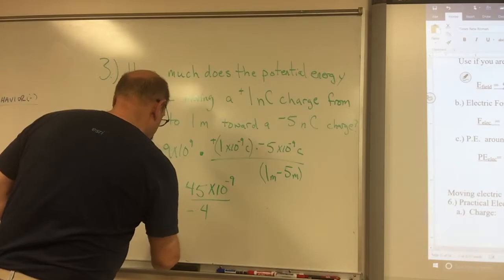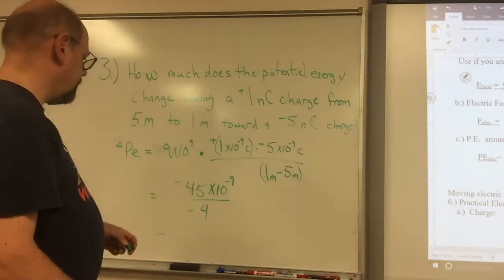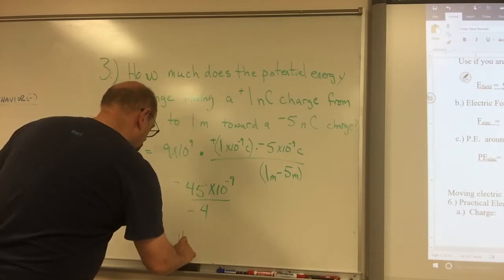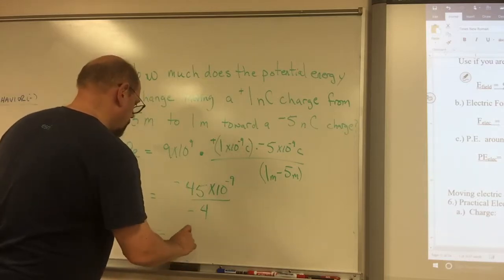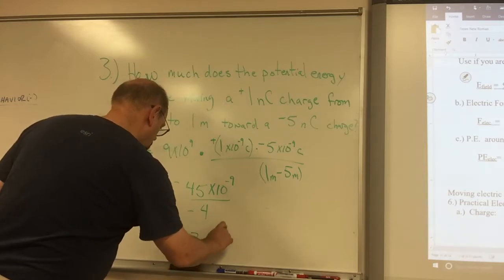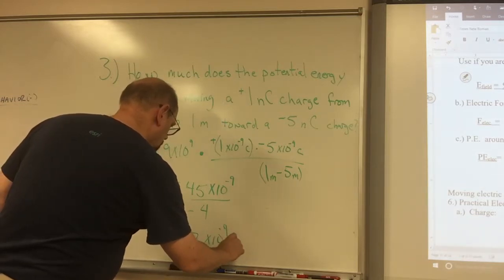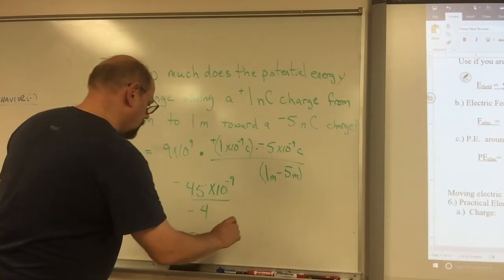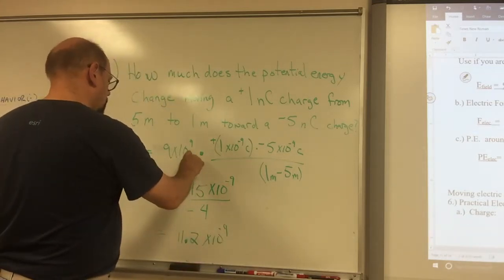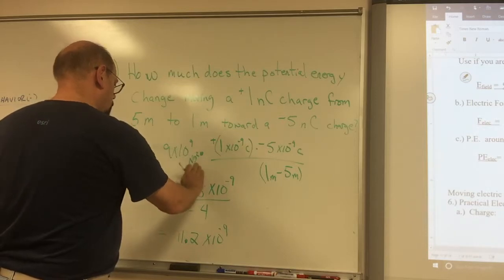Now, let's just finish this out. 45 divided by 4 is roughly 11.2 times 10 to the 9th. And the unit that I'm going to get, let me write those in, Newton meters squared divided by Coulomb squared.